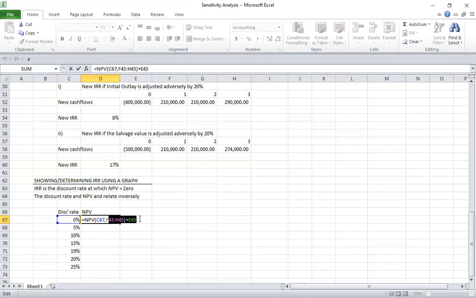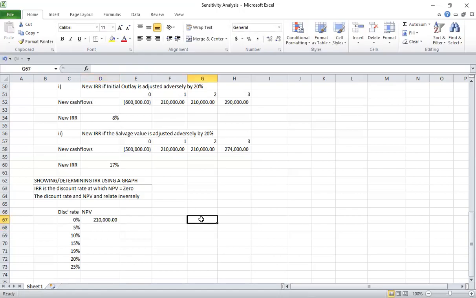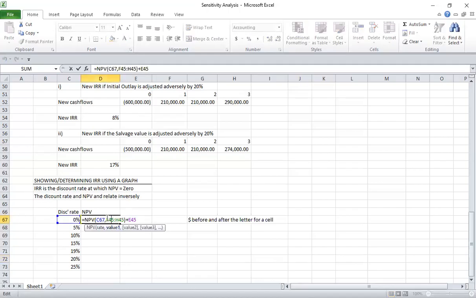To lock a cell, you normally put the $ sign before and after the letter of the cell number. Like in this case, F45 is a cell.